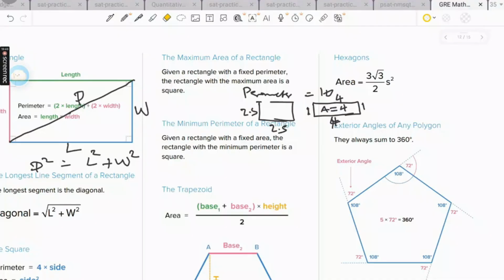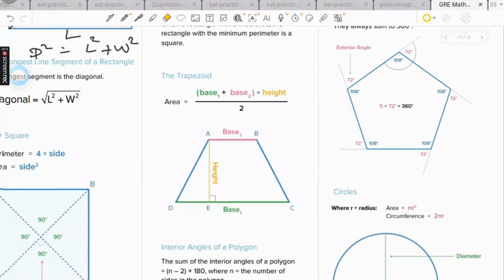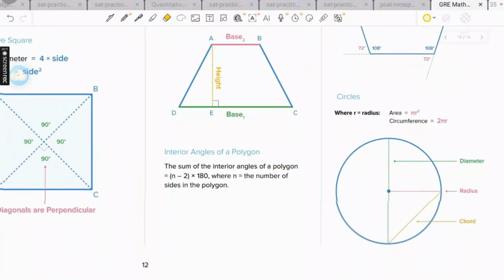So I wanted to demonstrate for you that you maximize the area when all the sides are equal. Any other thing you try will not give you a higher value. Okay, now the trapezium. I think we will stop at this trapezium.